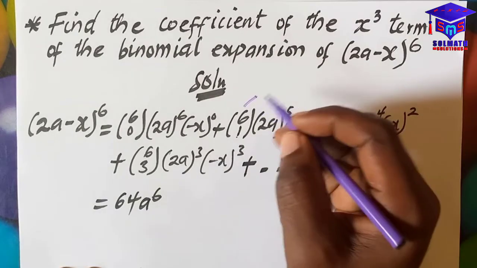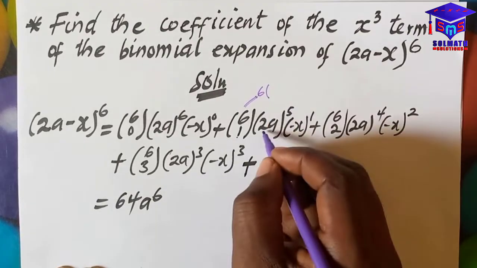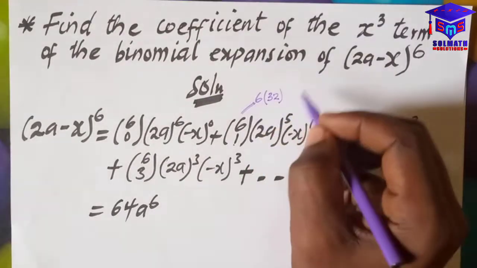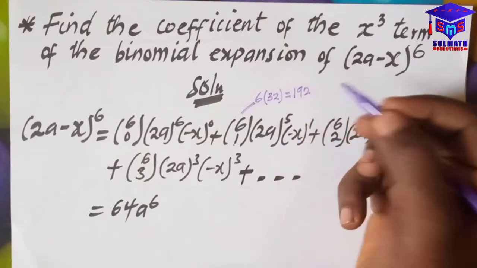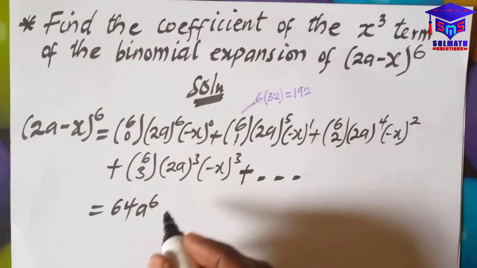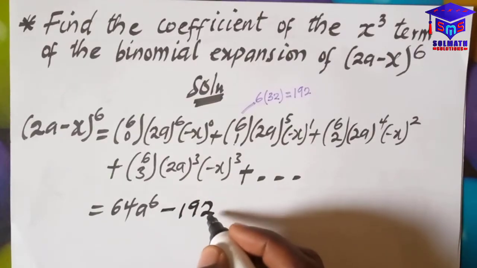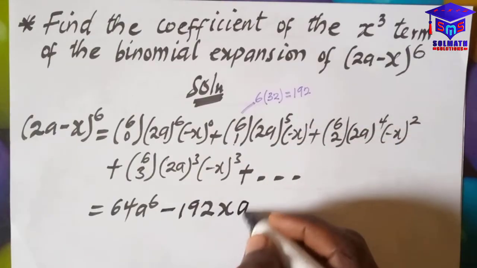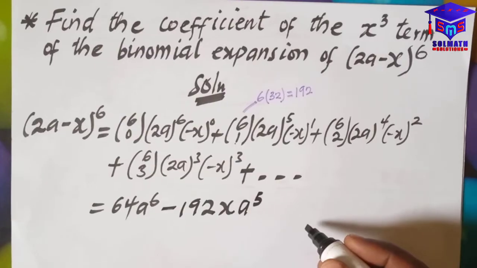Good. 6 combination 1 is 6, times 2 to the power 5, which is 32. 6 times 32 will give us 192, but because of the negative we have over here, we have minus 192x, and then a to the power 5. Actually, this should come before this; I would write that in the next line.